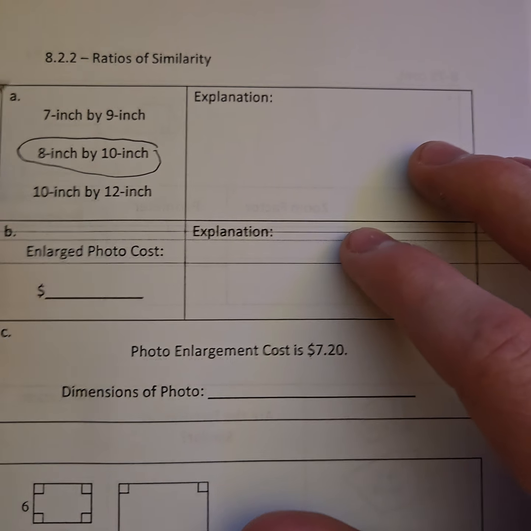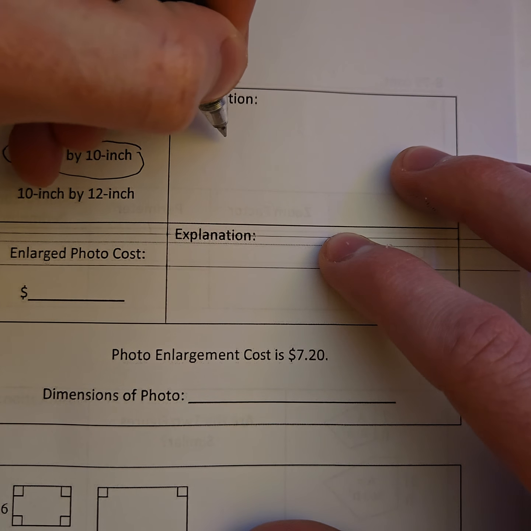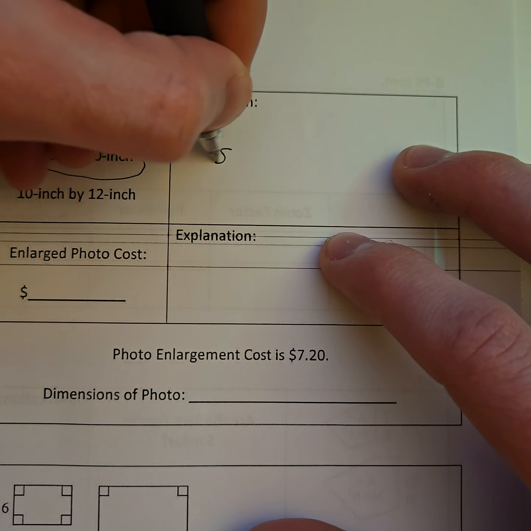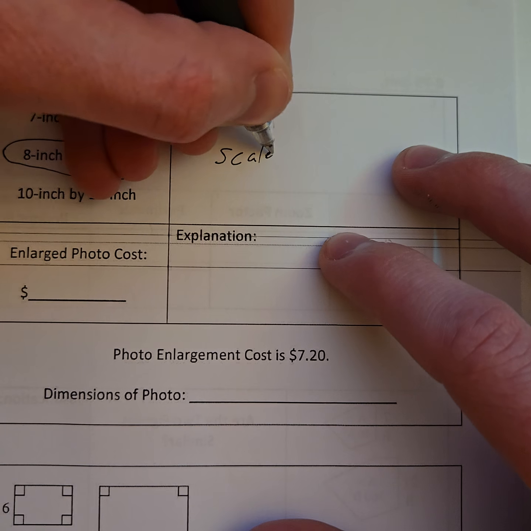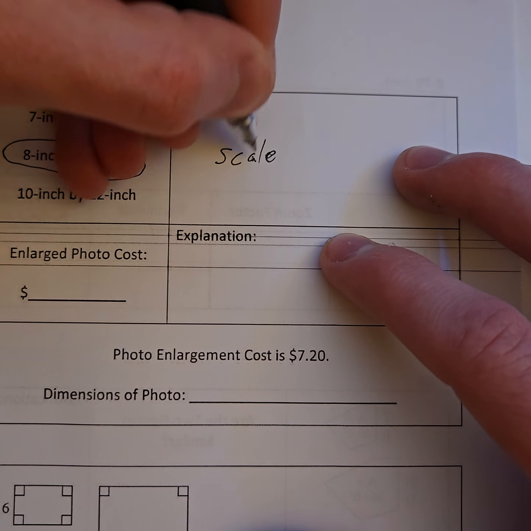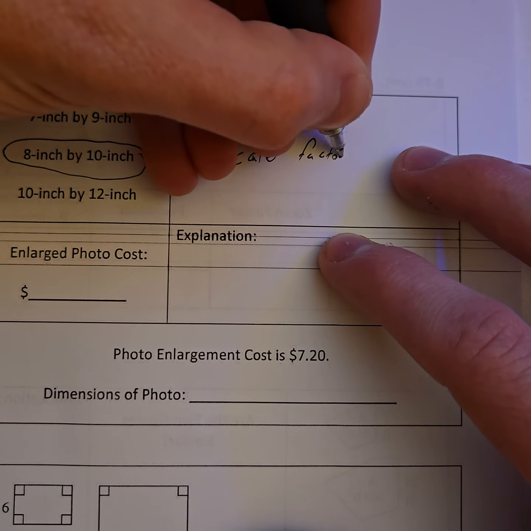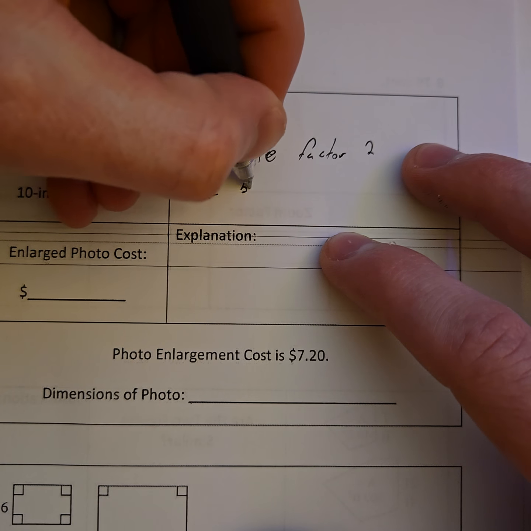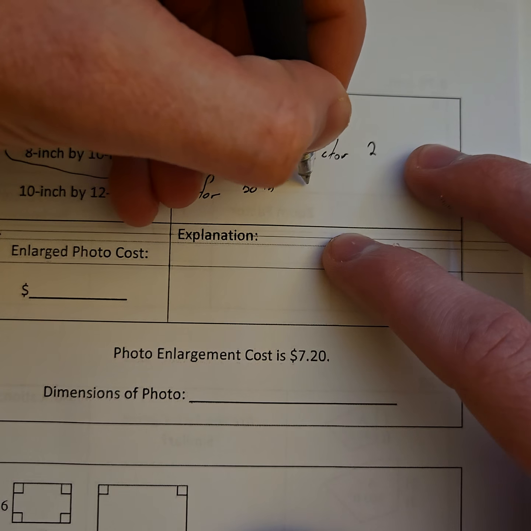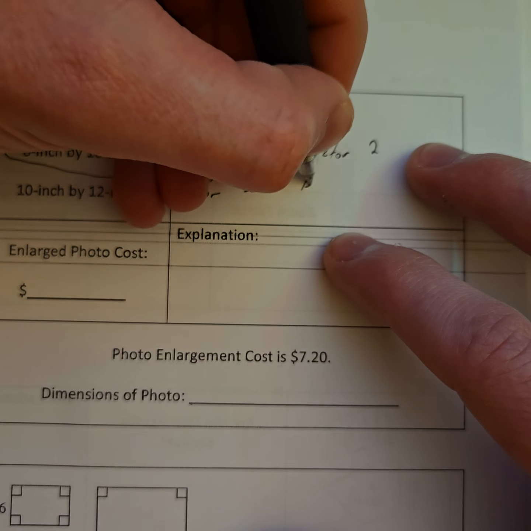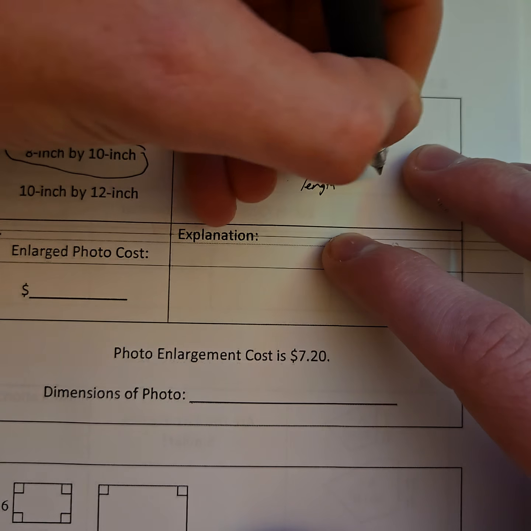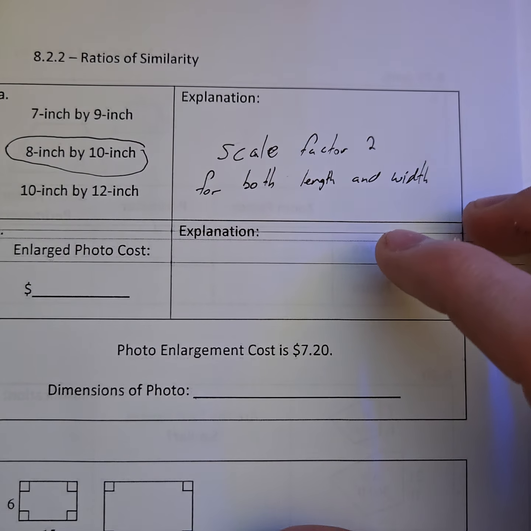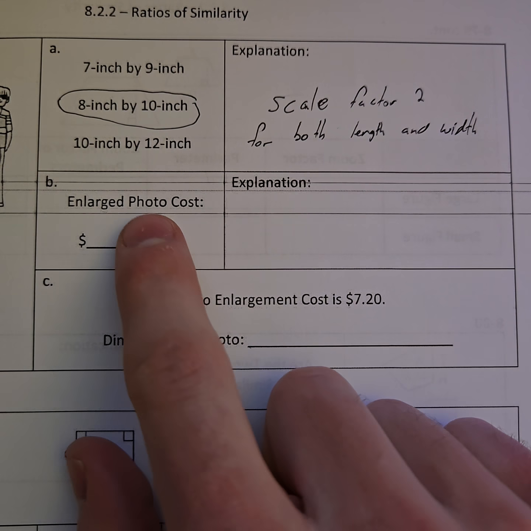So you could say it is similar or is proportional with a scale factor of 2. I'm just going to write scale factor, and you want scale factor 2 for both length and width. Okay, scale factor of 2 for both length and width.